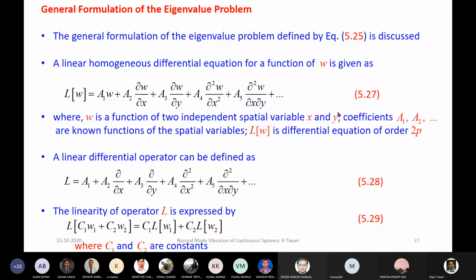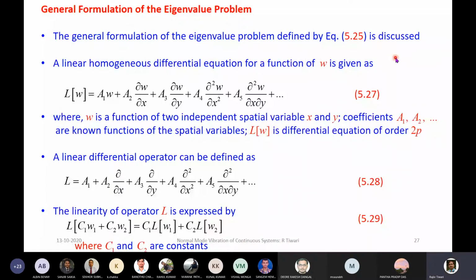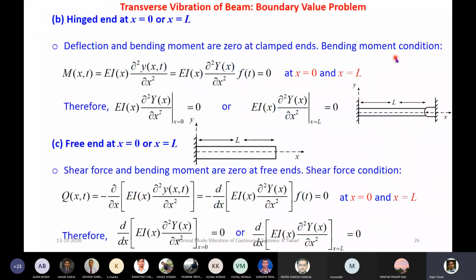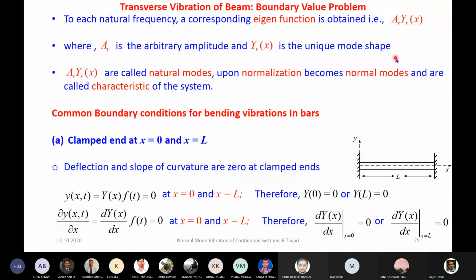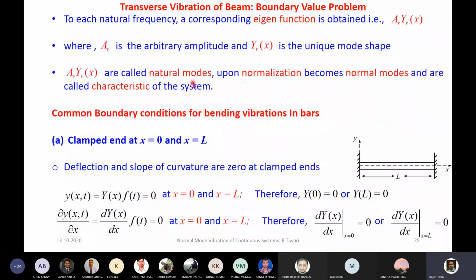So earlier we defined the eigenvalue problem. I will just show it once. This was the eigenvalue problem which we defined. That was an ordinary differential equation, but a fourth order differential equation, in which this was the elastic force and this was the inertia force.